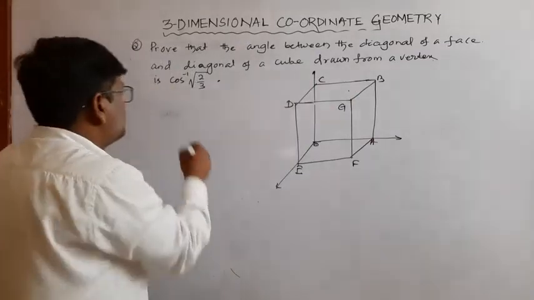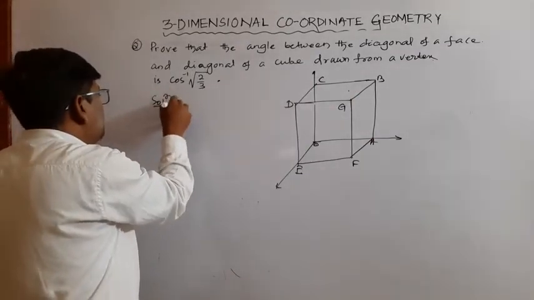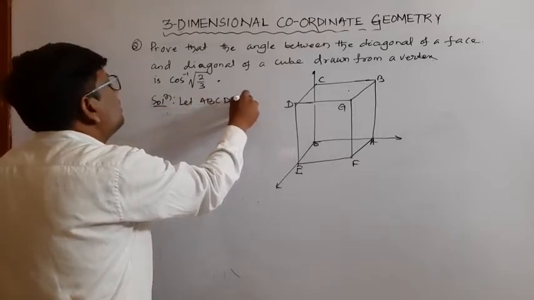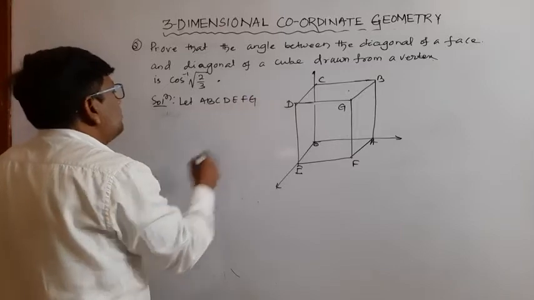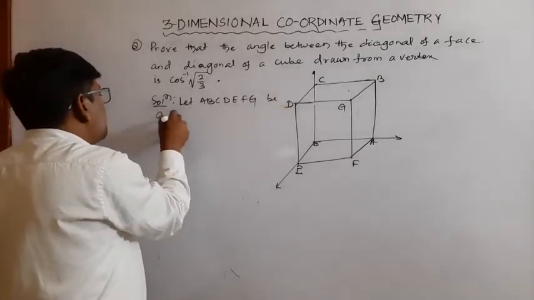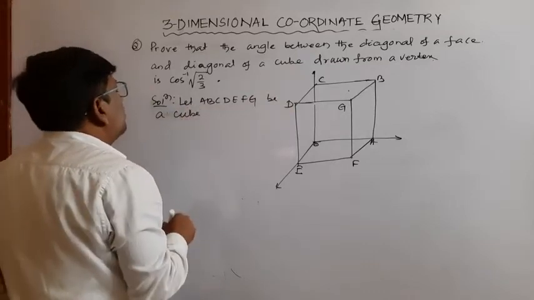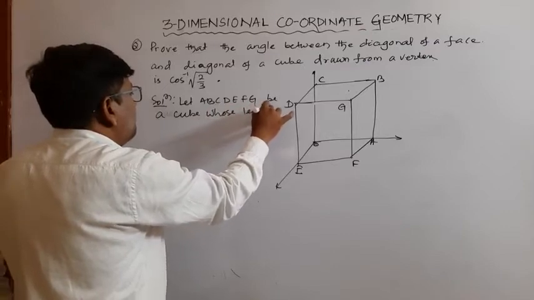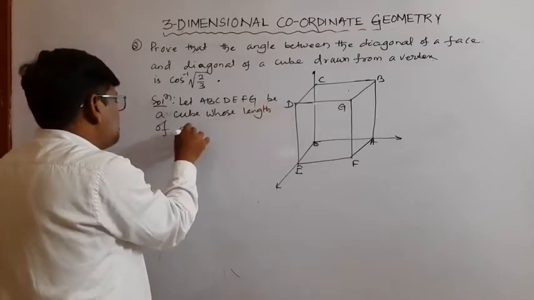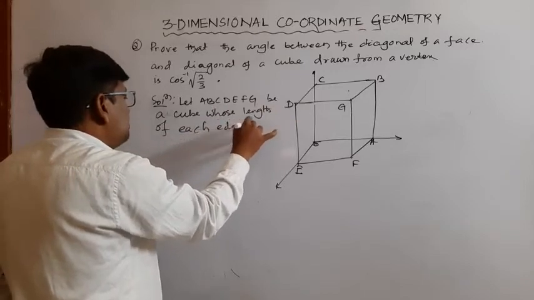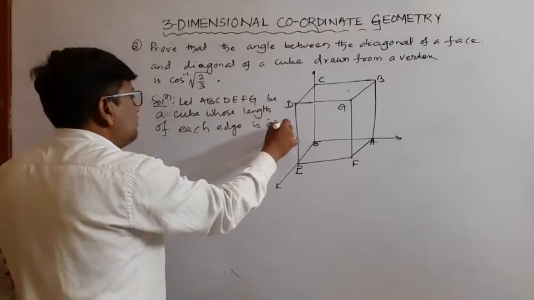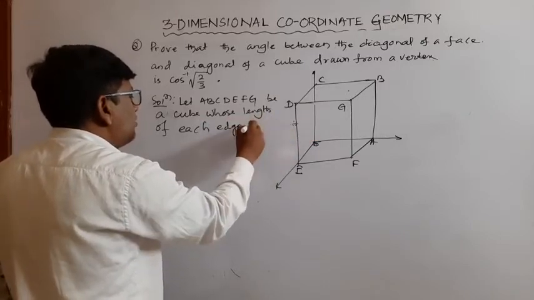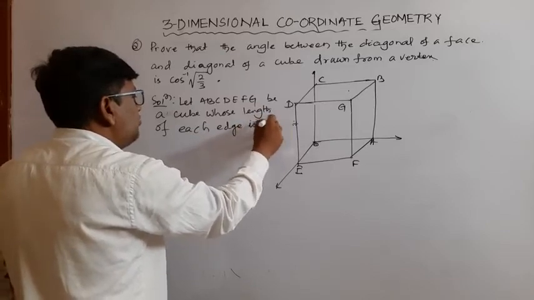Solution: let A, B, C, D, E, F, G be a cube whose length of each edge is a unit.